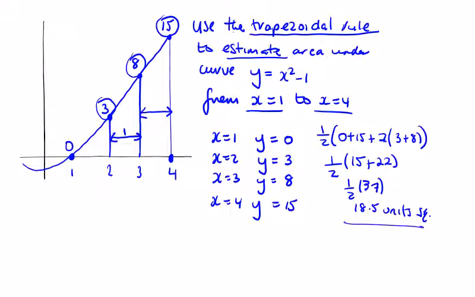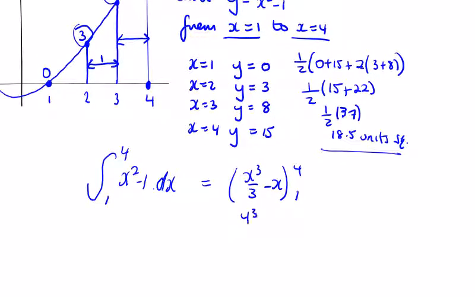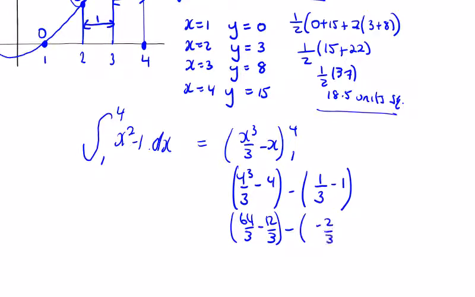Now integration will give us the exact value between 4 and 1 of x squared minus 1 dx. So that's going to be equal to x cubed over 3 minus x between 4 and 1. And if we put these values in, we're going to get 4 cubed over 3 minus 4 minus 1 cubed over 3 minus 1, which is going to give 64 over 3 minus 12 over 3 minus, now we're going to get a minus value in here, minus 2 over 3, which is going to become a plus.